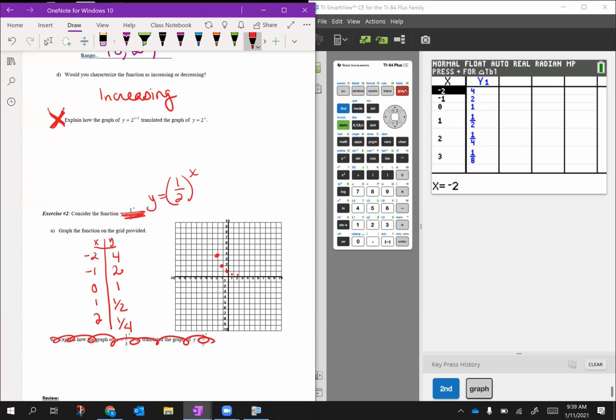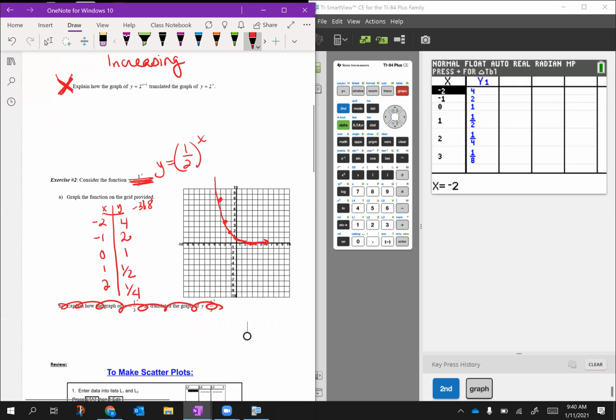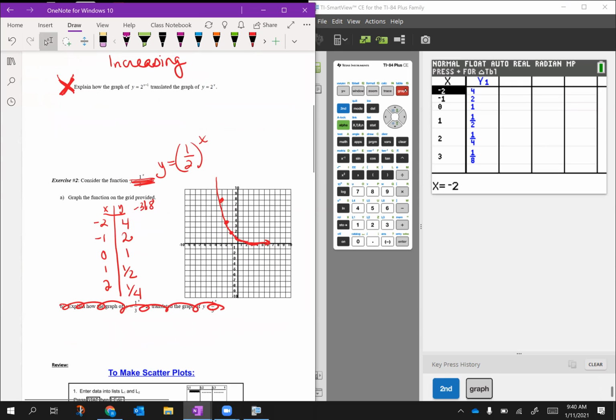If we got -3, it would give us 8, just to have one more point up here to see how it's connecting. So this one is starting tall and then decreasing. It does not actually cross over the axis. So this is a decreasing exponential function.